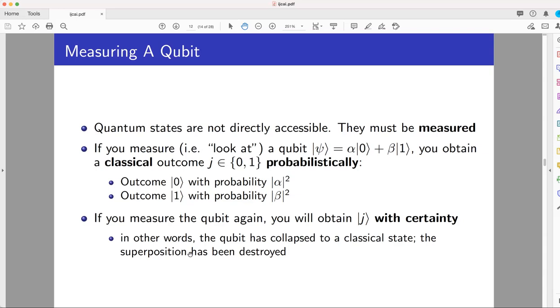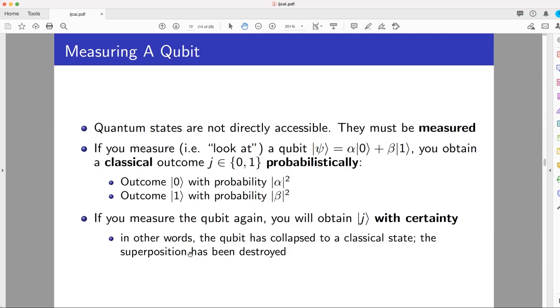If you observe chi0, it has a probability of alpha square. But if you observe chi1, it corresponds to the probability of beta square. So this is the uncertainty property for quantum measurement.